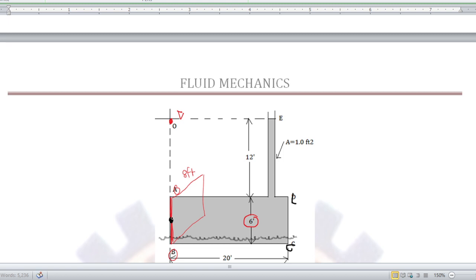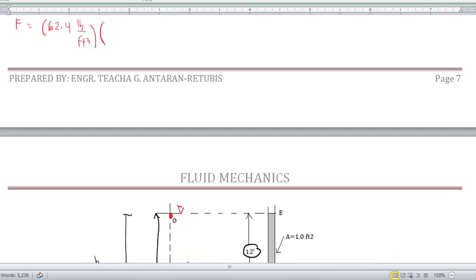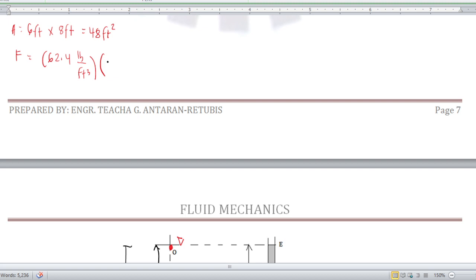So obviously, just half of 6 feet. So this one is 3 feet from here. So 3 feet plus this length here, so that this will be our HCG. Okay? So this is 12 feet, as you can see here. So therefore, 12 feet plus 3 feet is 15 feet. So our HCG to locate AB is 15 feet.